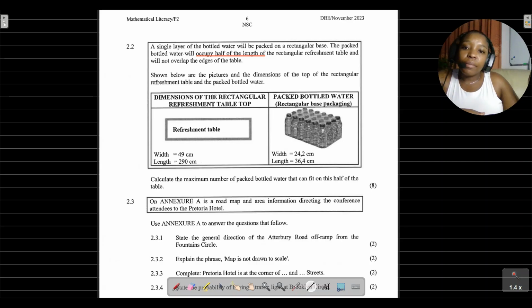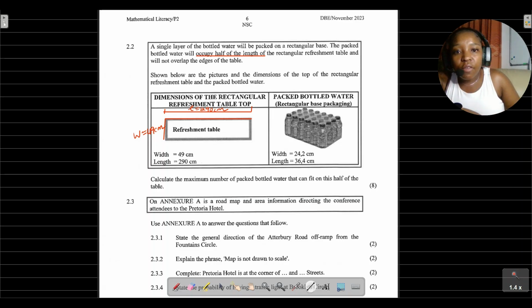We've got the width, which is 49 centimeters. We know the width is the shorter side. So our width is equal to 49 centimeters. And we are told that our length is 290 centimeters. So the distance from there to there is 290 centimeters. Then we're given the packed bottled water dimensions.